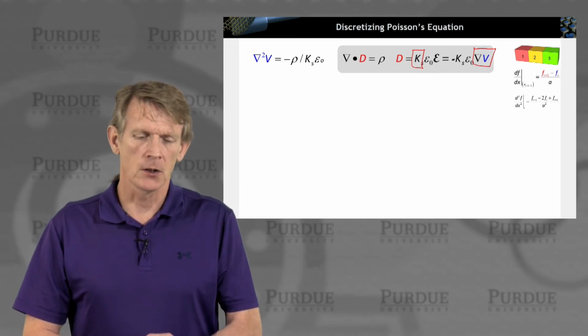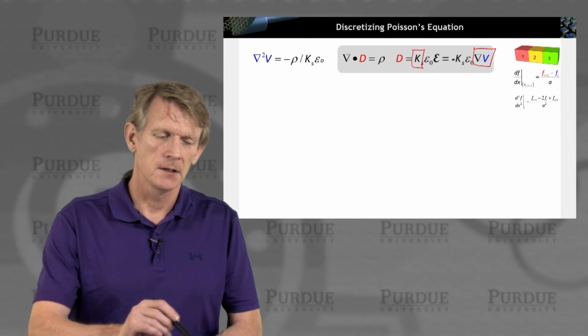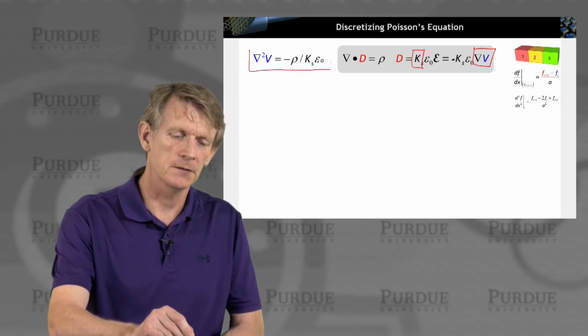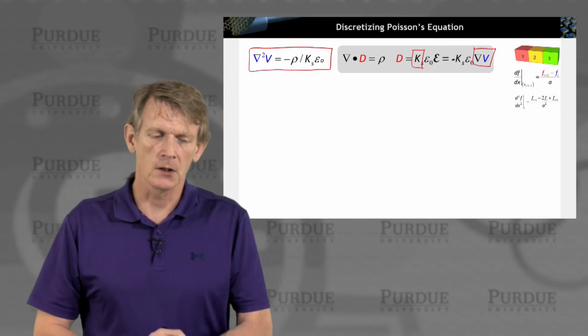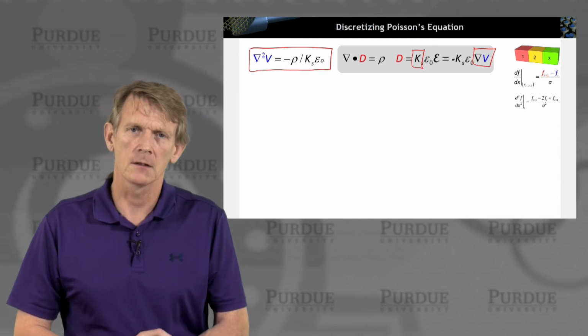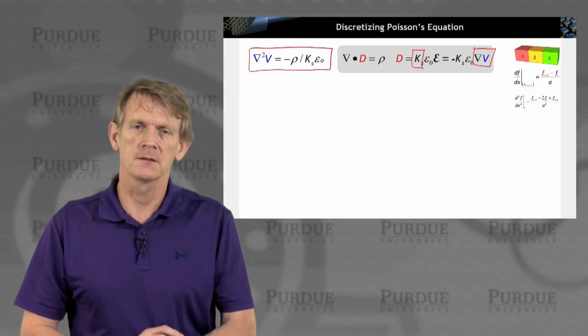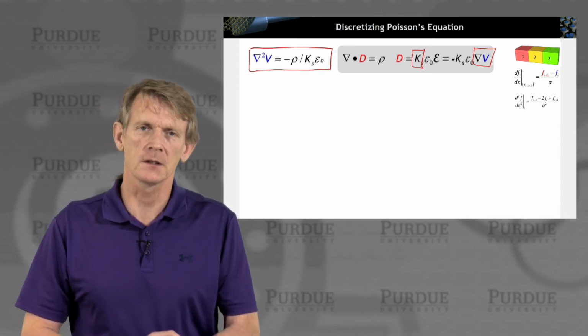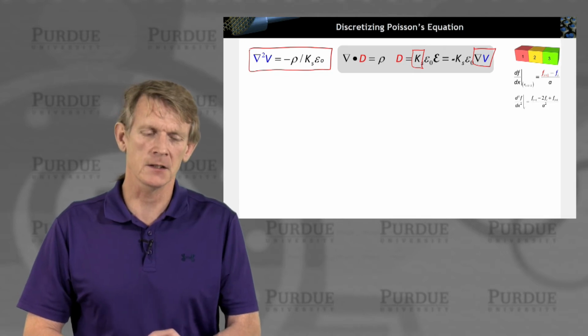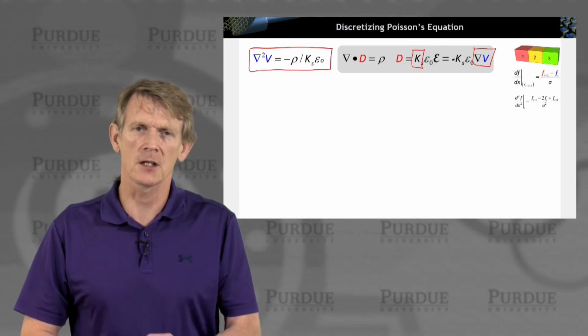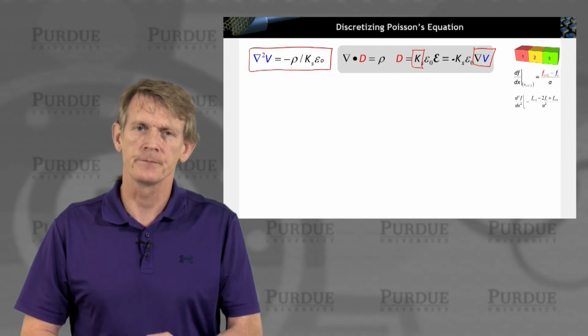All right, so we have effectively turned Poisson's or Gauss's law into what we call Poisson's equation in semiconductors, as a second order differential of the electrostatic potential being minus the charge over the dielectric constant in the material.